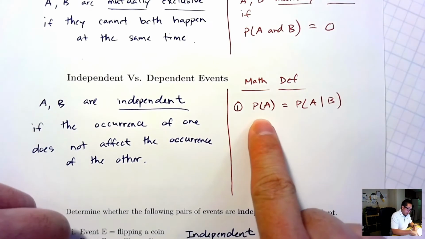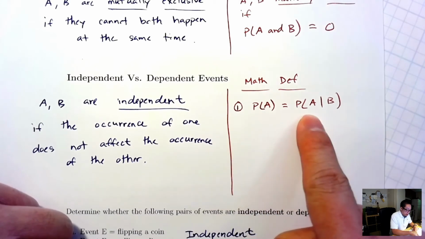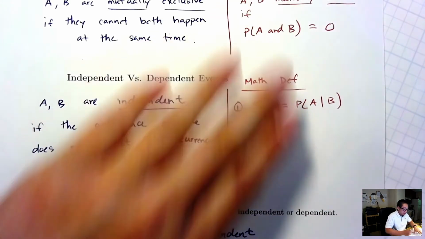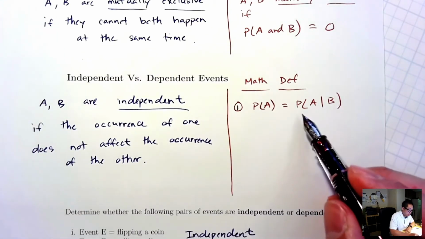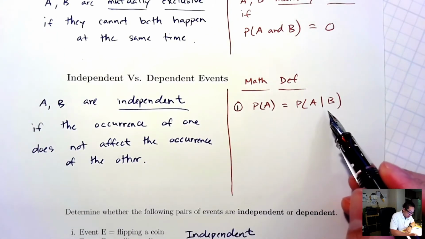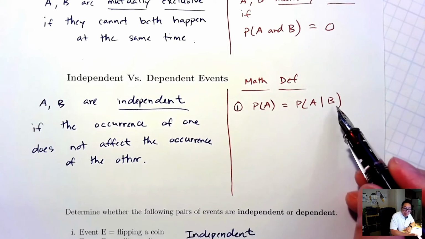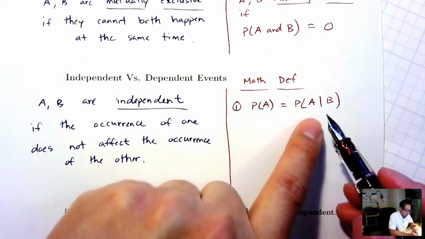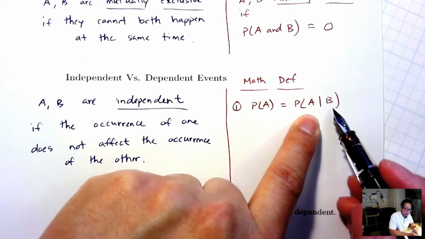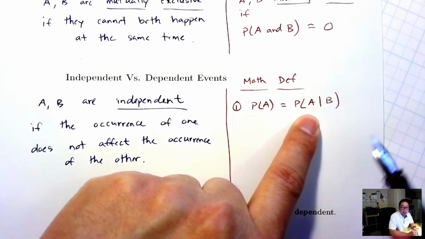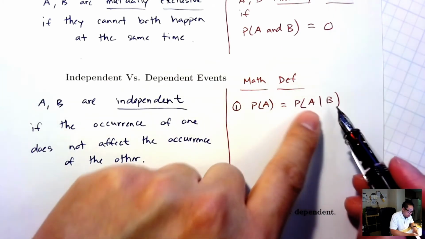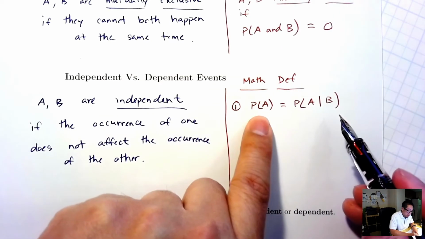Okay, so probability of A is equal to probability of A given B. Now, remember, probability of A given B means probability of A given that you know that B already happened. So what this is saying is that the probability of A is the same as probability of A knowing that B happened. In other words, adding extra knowledge that B happened does not affect the probability of A. You get the same answer.